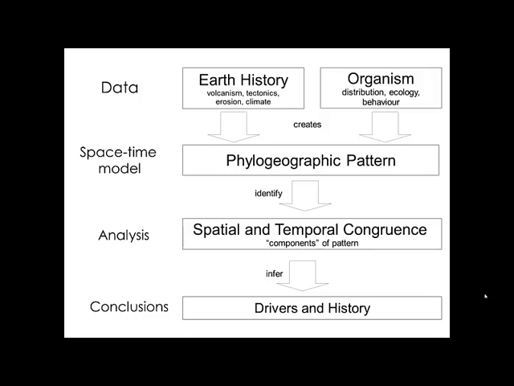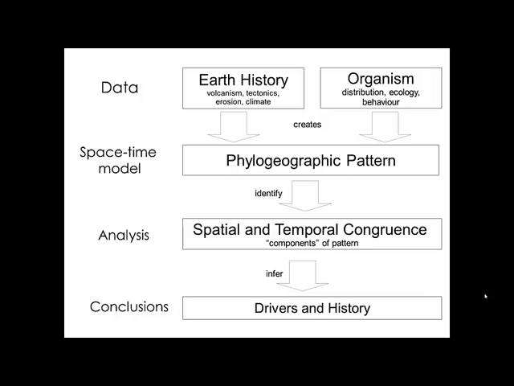So the basic approach is this. I've got information on the Earth history, information on the organism. I build a model of the phylogeographic pattern, and also models of the history of volcanism and the history of the river channels. I then try and compare the phylogeographic pattern to the Earth history pattern.